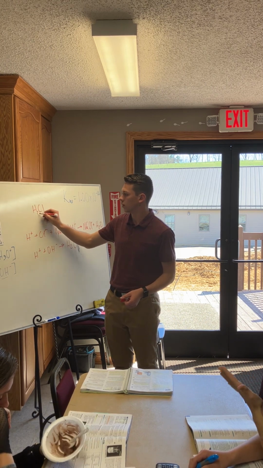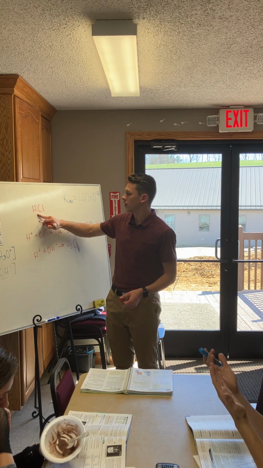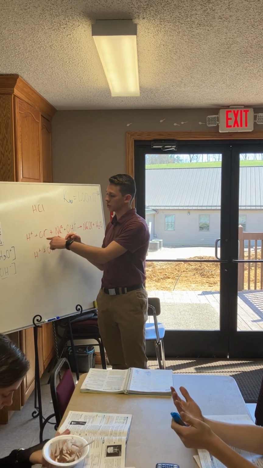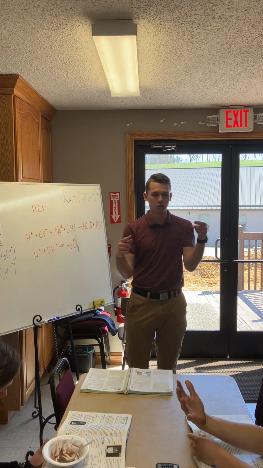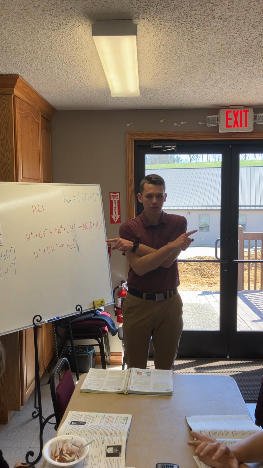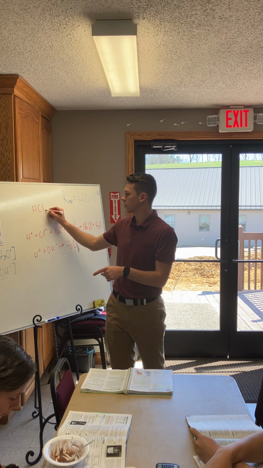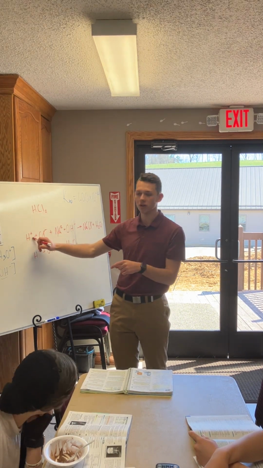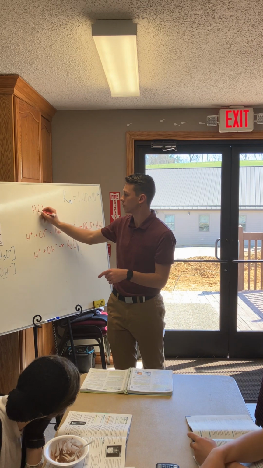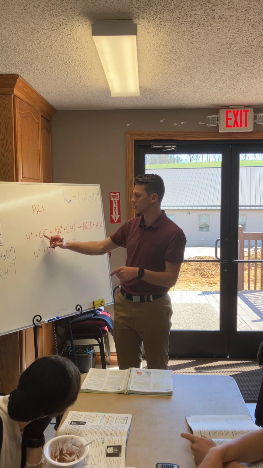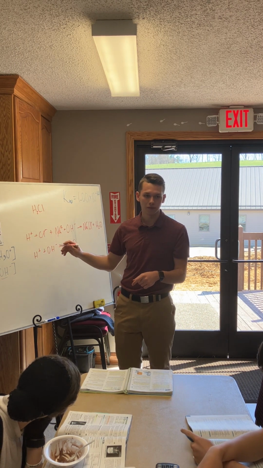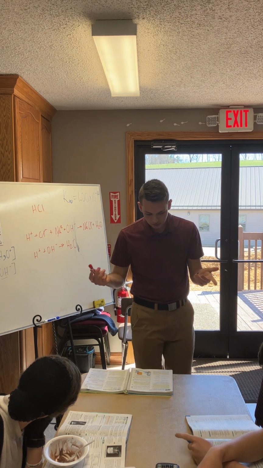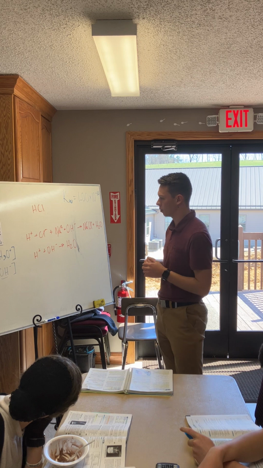Remember when you were making these, when you put them together, you switch the charges. So if there's a 2 after the Cl, that means the hydrogen has H2 plus. And if there's a 2 after the hydrogen, that means the Cl is going to have a Cl2 negative. Just remember what we've done before.